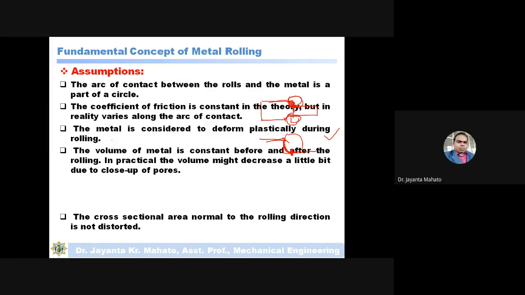The volume of the metal is constant before and after the rolling. This is another consideration, that the volume before the deformation and after the deformation are constant. In practice, the volume might decrease a little bit due to the closing up of pores in the process. But we consider that the volume before and after deformation is constant.